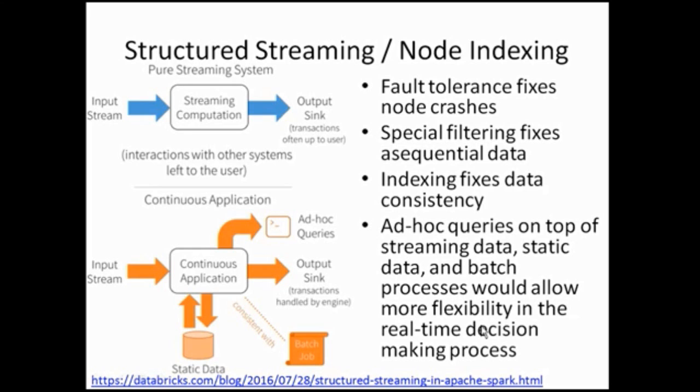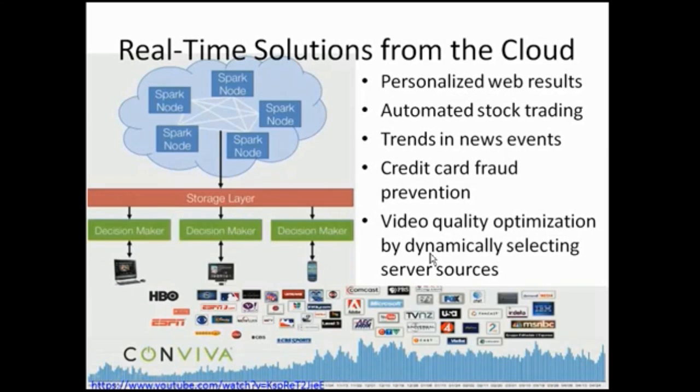For real-time solutions from the cloud, you can personalize web results, automate stock trading, see trends in news events, prevent credit card fraud, and optimize video quality. So in this example, Conviva is a streaming service that has 4 billion streams per month, and it provides a lot of online streaming services.